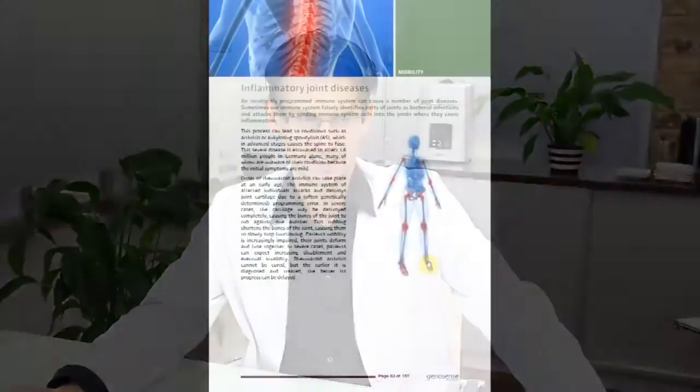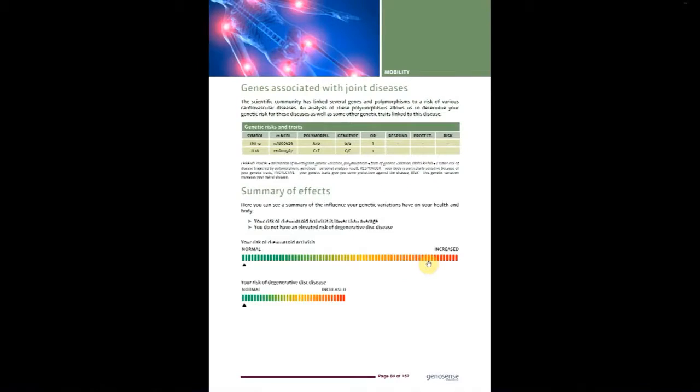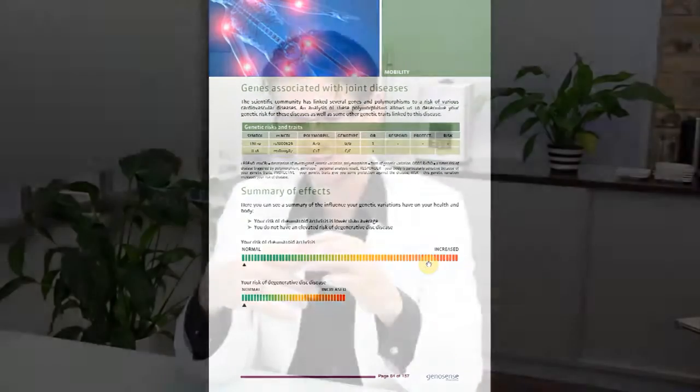Then rheumatoid arthritis. Again, you can read up on it. It's a disease where your immune system attacks the cartilage between your bones, the sort of lubrication between your bones. And the immune system in this case is too aggressive. It digests the cartilage, and in very severe cases the bones start to rub against each other. The joints start to look crooked and they lose their function.